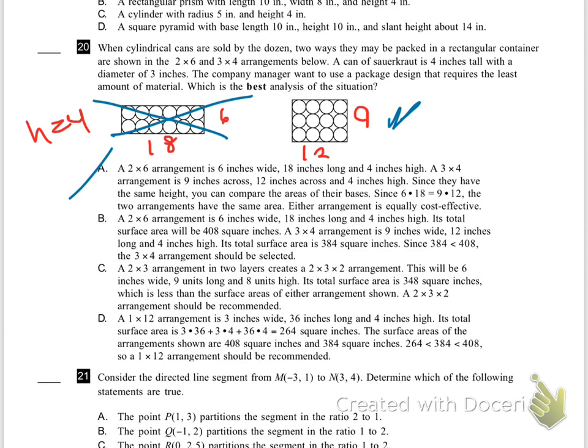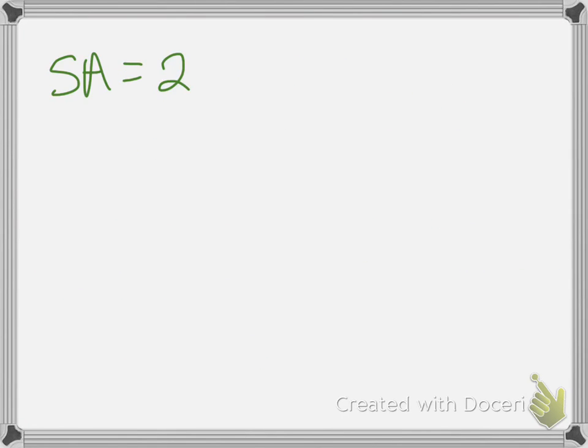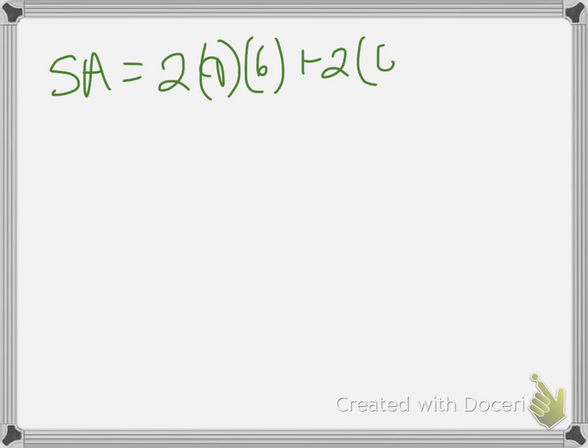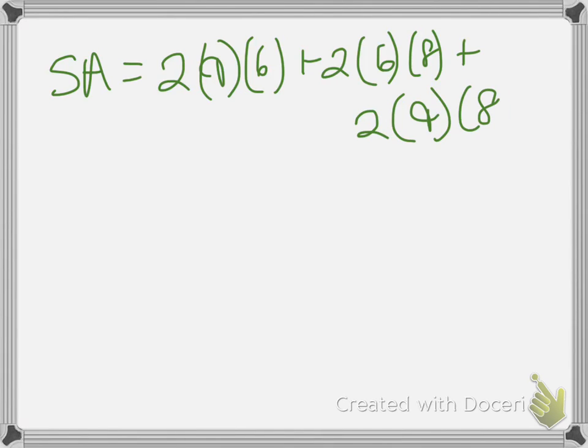So we have surface area is, let me go back and look at the numbers. 2 times 6 times 9 plus 2 times 6 times 8 plus 2 times 9 times 8.